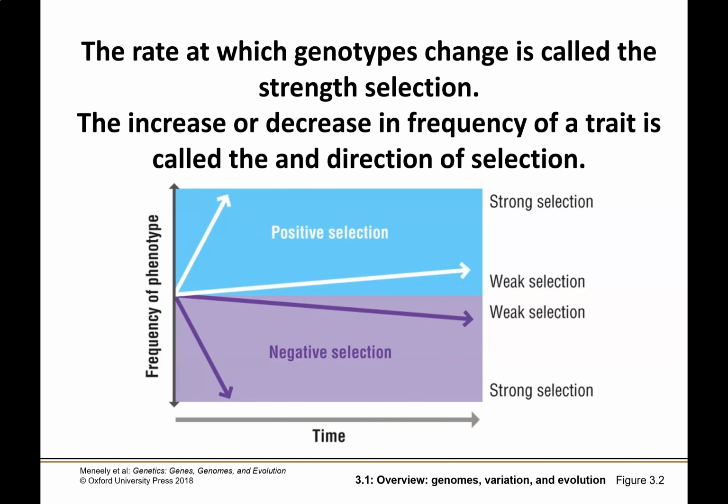When evolution occurs, it is based on the selection strength of a particular genotype. So as evolution is affecting the genome, we need to look at the strength of selection. A trait will increase or decrease in frequency depending on how it is being acted upon.